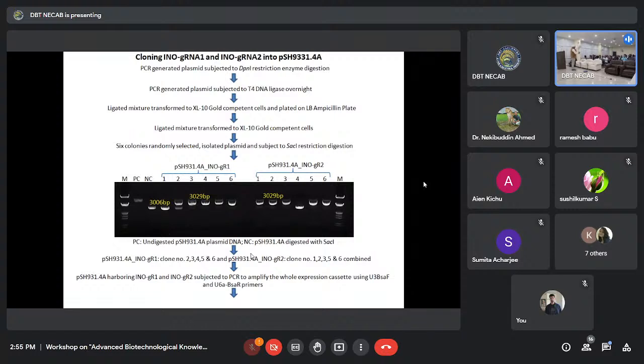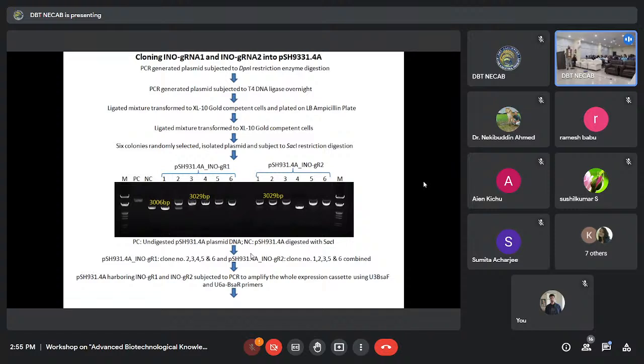When you amplify, you get a mixture of your parental plasmid and amplified plasmid. The amplified plasmid contains your guide RNA, whereas the parental plasmid DNA does not contain the guide RNA sequence. Now we need to remove the parental vectors.